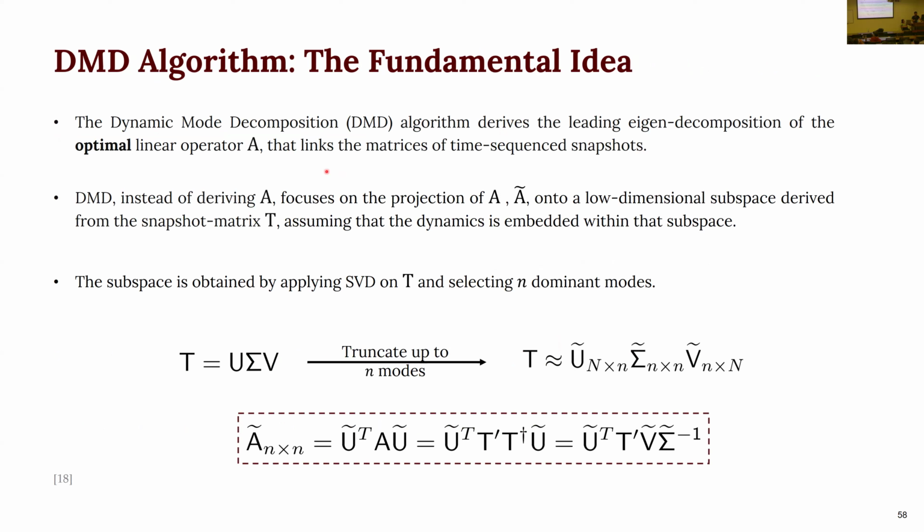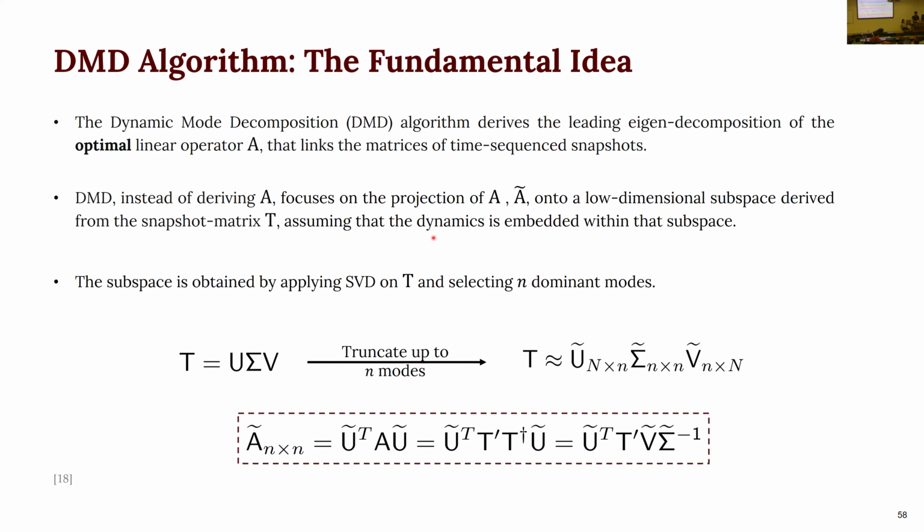The idea is that DMD, instead of deriving A, focuses on a projection of A tilde onto a low dimensional subspace derived from the snapshot matrix T, assuming that the dynamics is embedded in that subspace. So it follows the same idea.